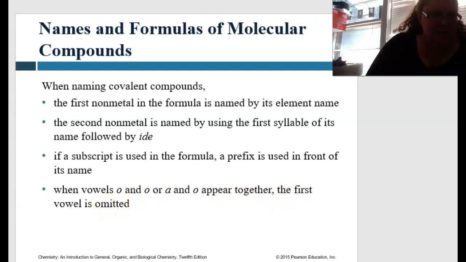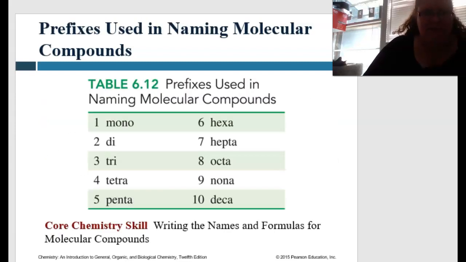All these rules, I tell you. But it's kind of cool how it all works out and makes it all work together. So the prefixes are: mono, di, tri, tetra, penta, hexa, hepta, octa, nona, and deca. This might be a good one again to remember.